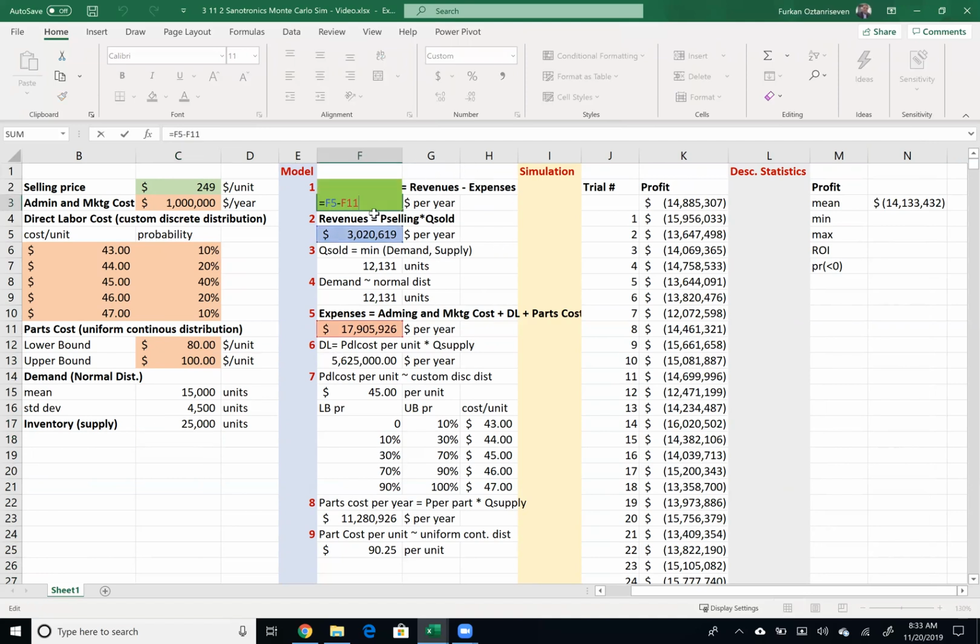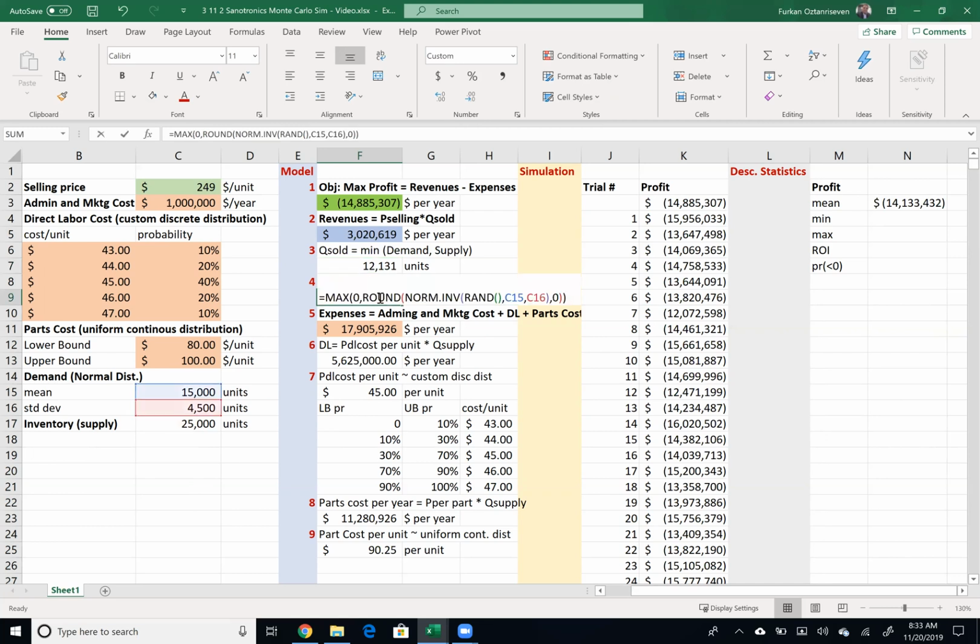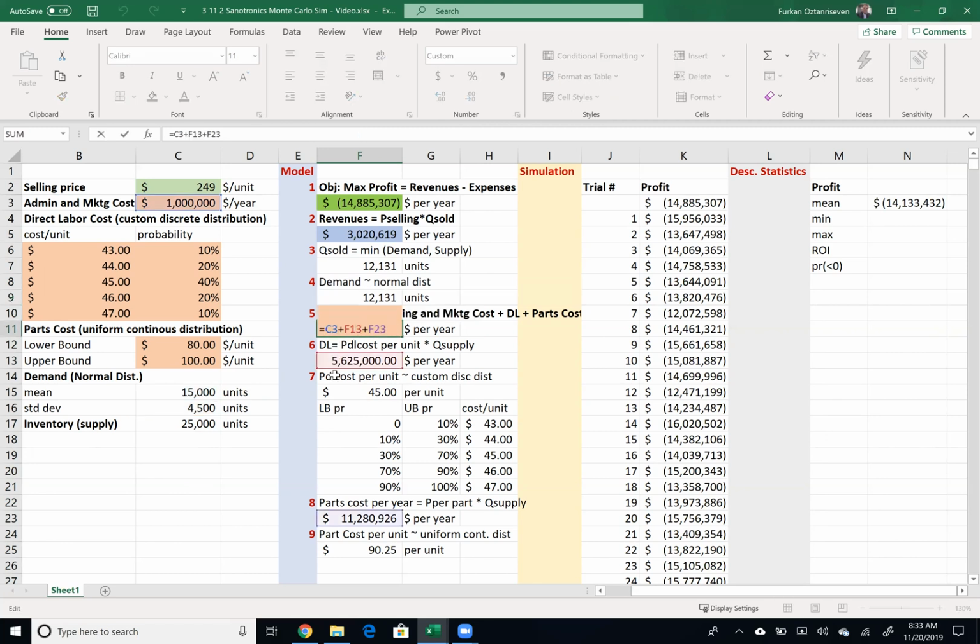So profit is revenue minus expenses. Revenue is price times quantity sold. Quantity sold is the minimum of supply and demand. Demand is a random number based on the normal inverse function, mean and standard deviation. And I round it and make sure it's not negative. And I add up all the costs, 1, 2, 3.